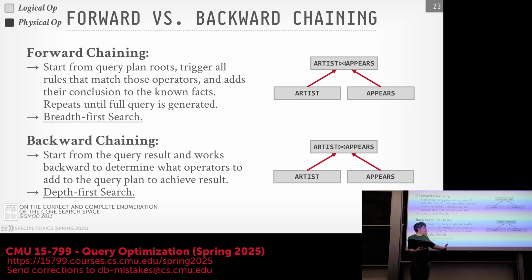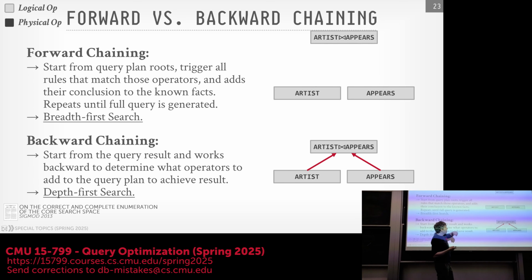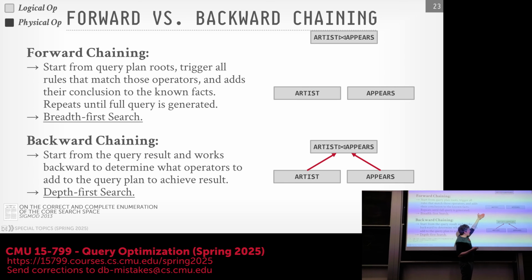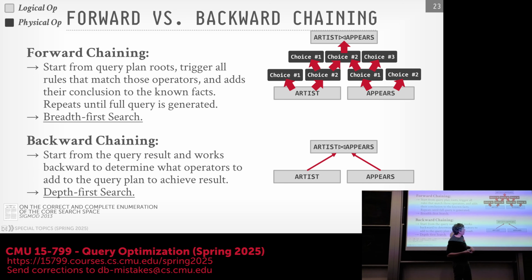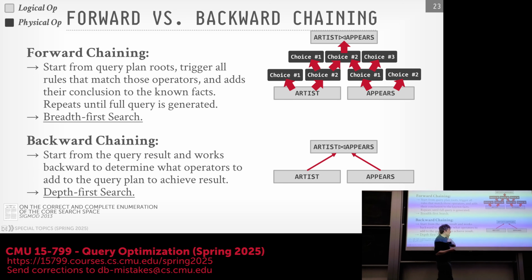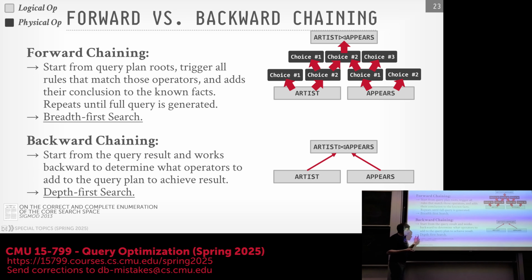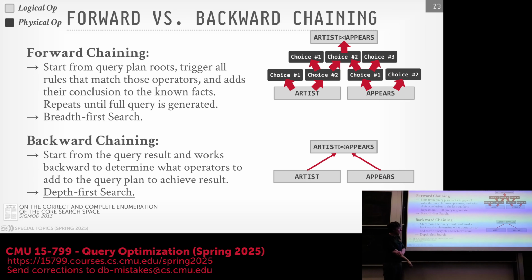I'm going to scan a table artist, I'm going to scan a table appears, and then I can apply the rules for these base operations or base access methods. Here's the rules I can apply to generate different choices. And then at each level I figure out which one's the best one, keep those around, and then I traverse up and look at all the next rules and so forth until I end up at my goal at the top. Right? We saw this before in System R.